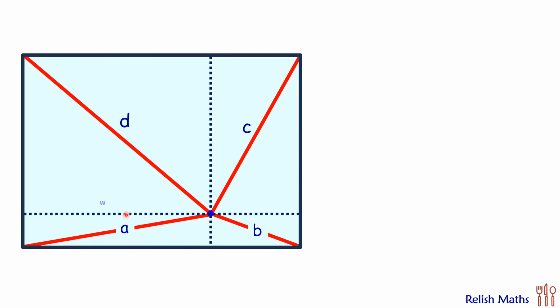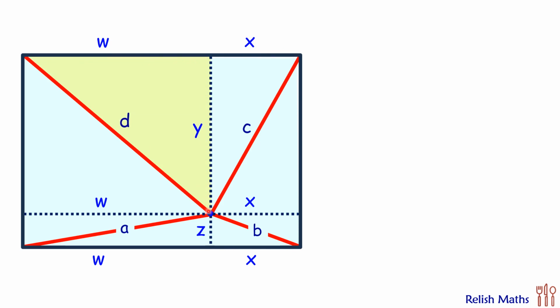We are calling this length W, the remaining length X, vertically upward length is Y, and the downward length is Z. Now as these lines are parallel, this particular length will be W, and the same way down below this length will be W. And as this length is X, above it will be X and below it is X.